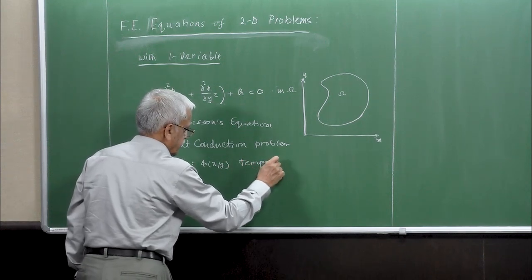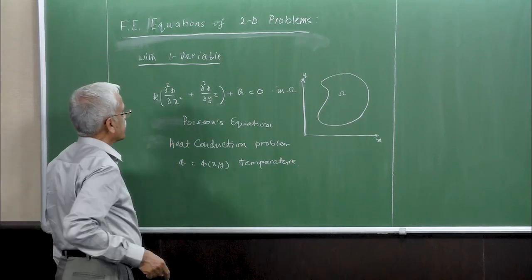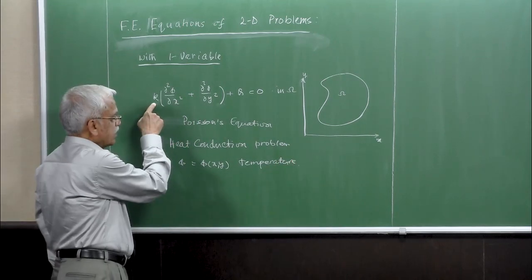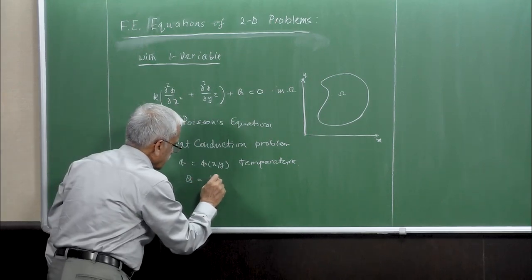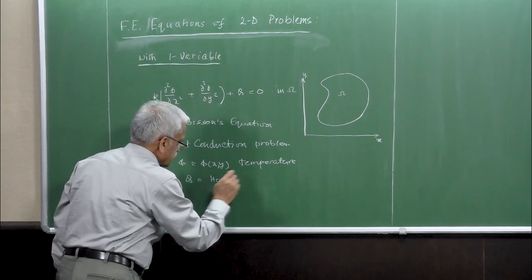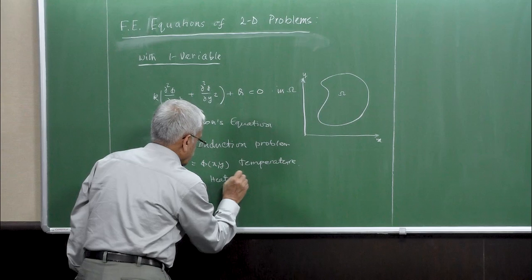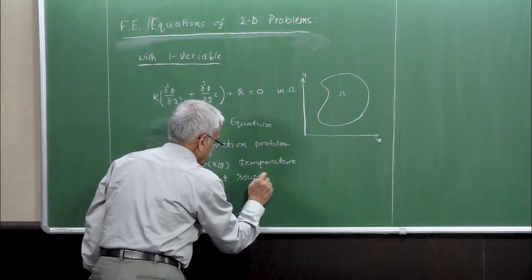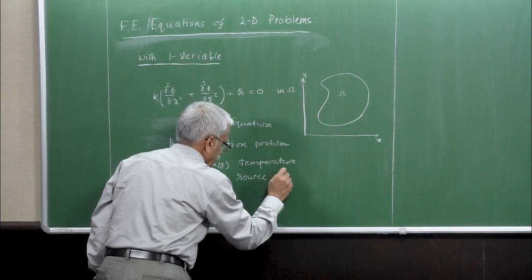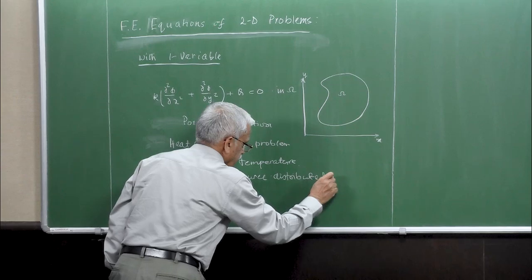The variable is temperature, and it's a second order differential equation, and K is the conductivity, and Q is the heat generated or distributed heat source. It's a distributed heat source in omega.